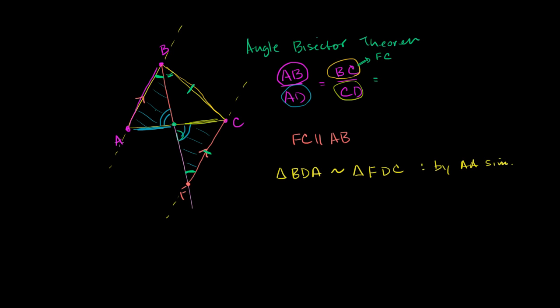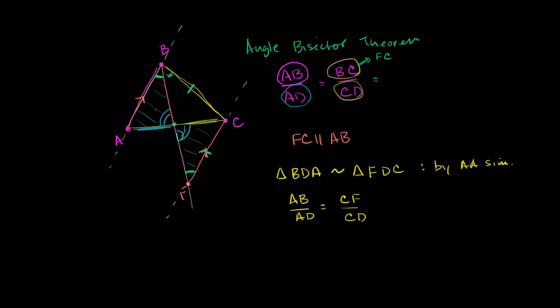Now that we know they're similar, we know that the ratio of AB to AD is going to be equal to, and we can look here for the corresponding sides, CF over CD. So the ratio of AB to AD is equal to CF over CD.